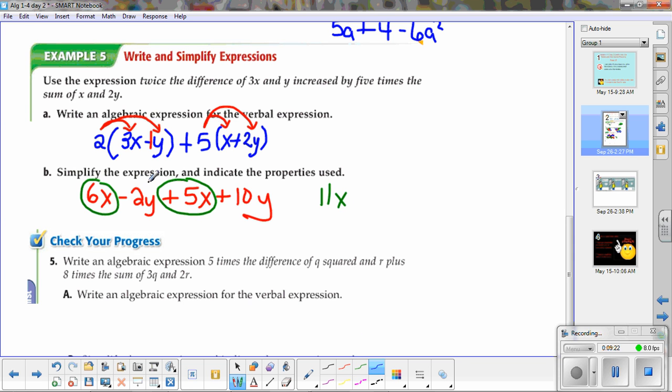And then we have the negative 2y and a positive 10y. Negative 2 plus 10 is a positive 8, so it's going to be plus 8y. So this algebraic expression, when simplified, becomes 11x plus 8y.